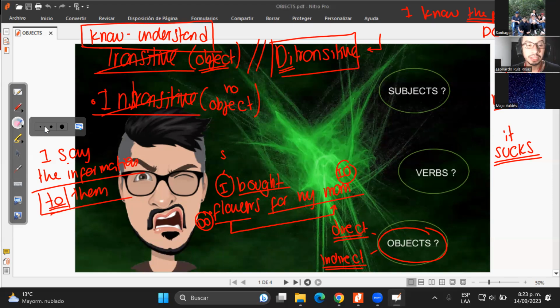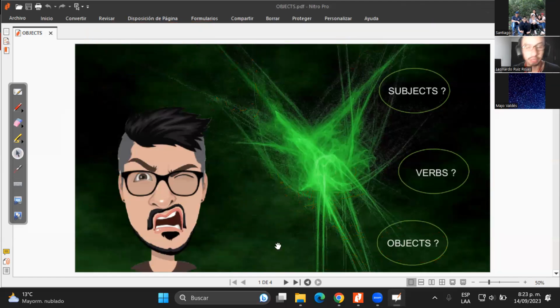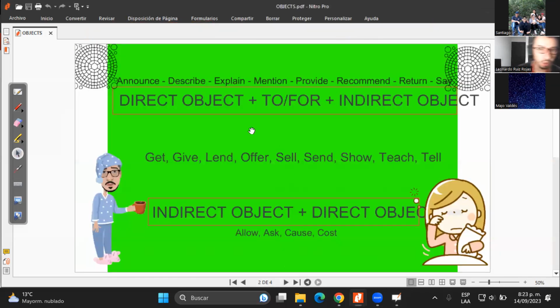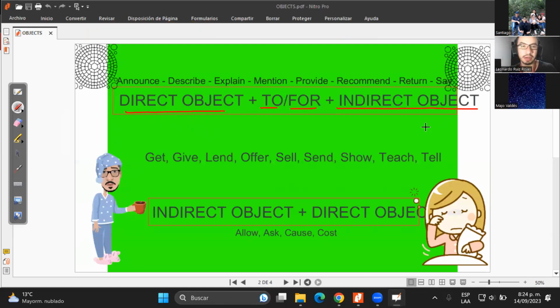The ditransitive verbs are going to have two different possible structures. One, which is probably the most common one, is the direct object first, the preposition to or for, and then the indirect object. Similar, for example, to the expression, I bought flowers for my mom.